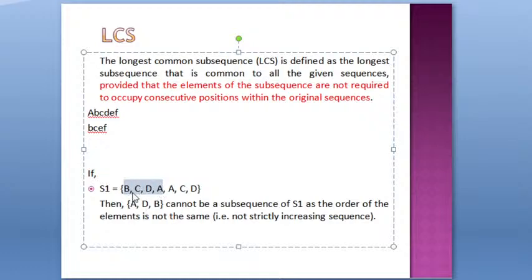All the time my subsequence must be in increasing order. So if you have an MCQ with an option in decreasing order, that will be the wrong answer. So in LCS your subsequence must be in increasing order. Okay?